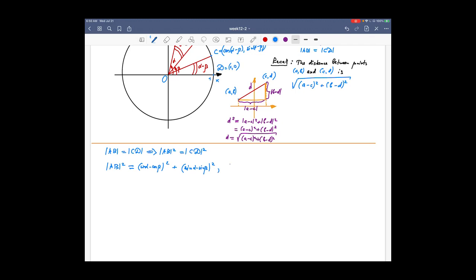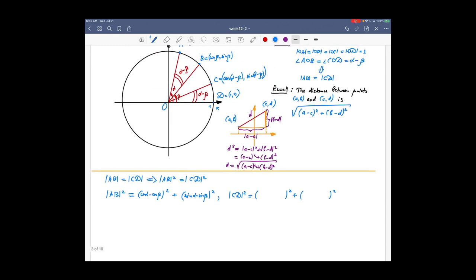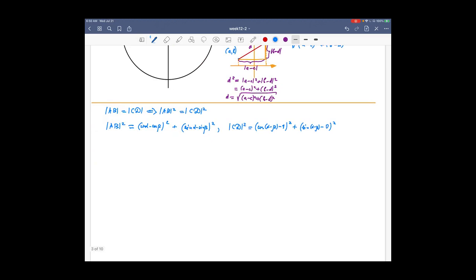And same for CD. CD squared is the sum of the squares of two things. Difference of the x coordinates, cosine of alpha minus beta, and 1. And sine of alpha minus beta and 0. Now, because the squares of AB and CD are equal, these things must be equal.